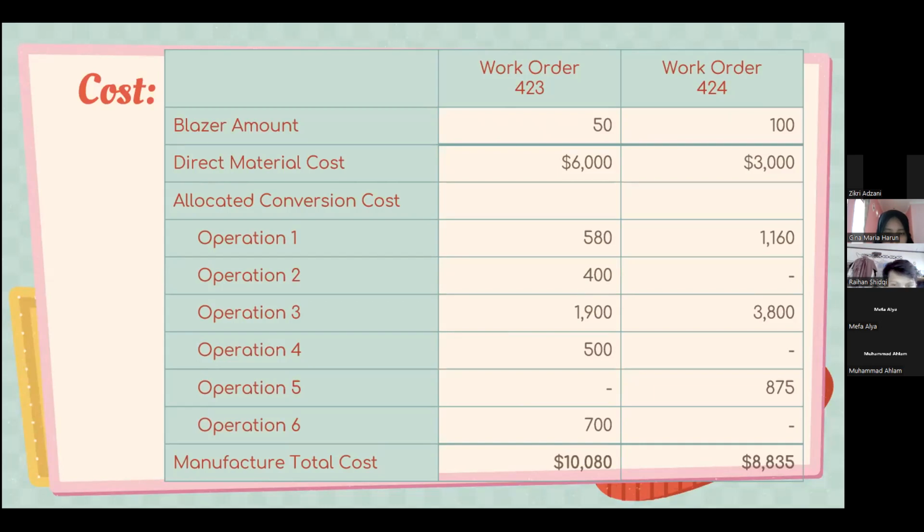The total cost to manufacture work order 423 is $10,080, and work order 424 is $8,835. Next.